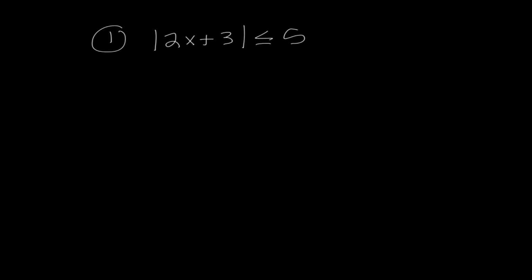So here's number 1. The first thing we said is we want to make sure our absolute value is isolated, and in this case it already is. So I'm going to take whatever is inside the absolute value, everything right there, and set that equal to 5.